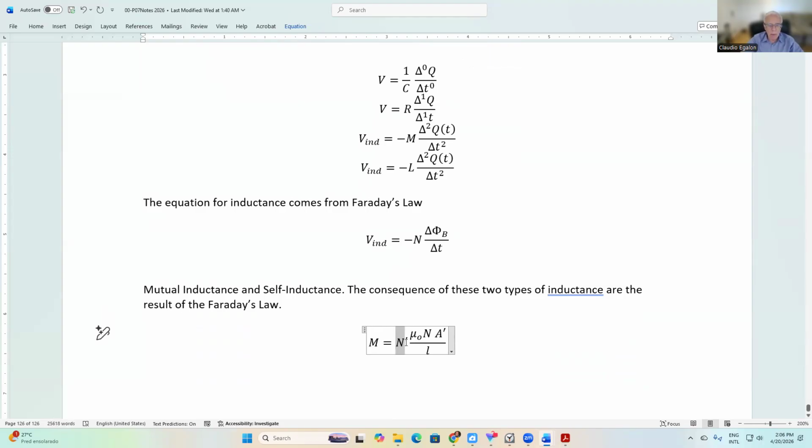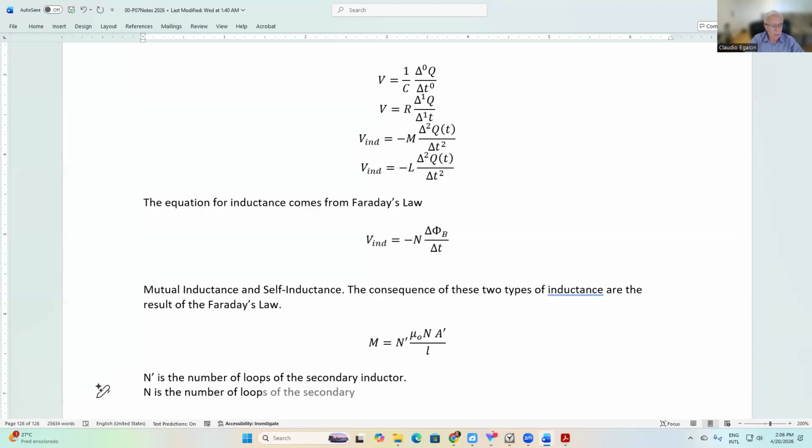N prime. What's N prime? N prime is the number of loops of the secondary inductor. N is the number of loops of the primary inductor.